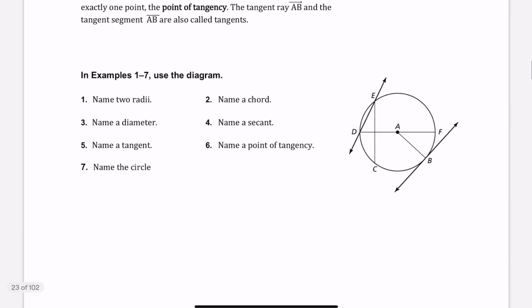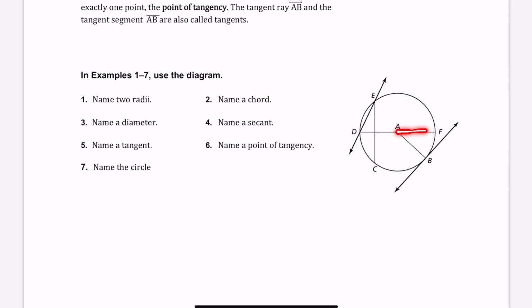Okay, so let's talk about radii, kind of like when we have a cactus. One cactus is cactus, and if you have more than one cactus, it's called cacti. Now we're going to name 2 radii, that means more than one radius. We could say AF is a radius.